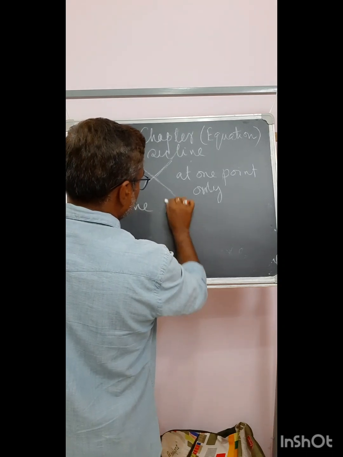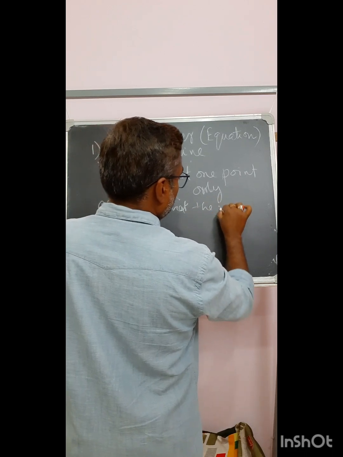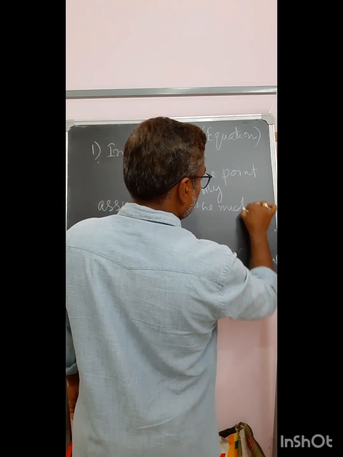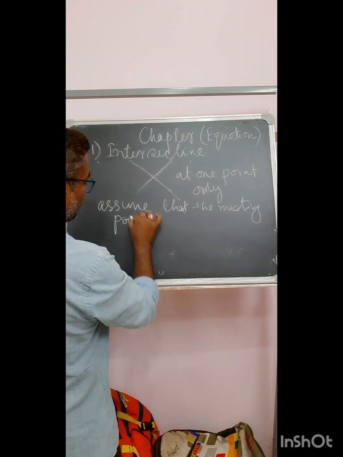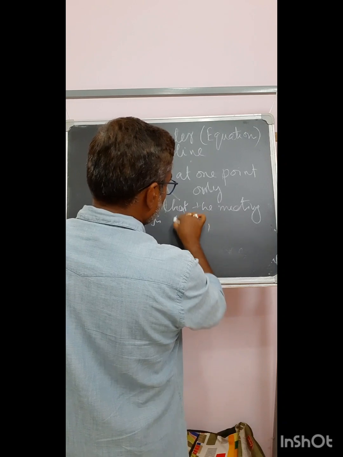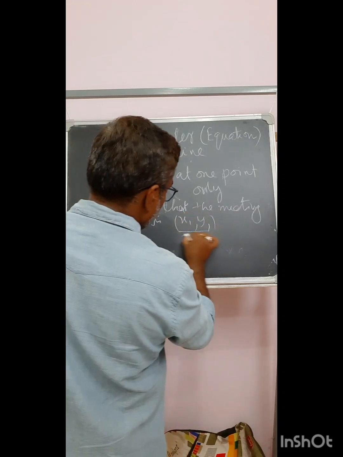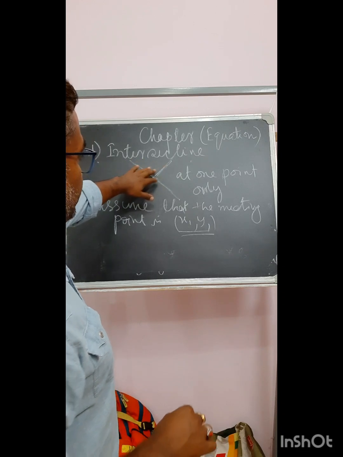So if I assume that the meeting point is (x1, y1), then this (x1, y1) will satisfy the lines which are meeting each other.